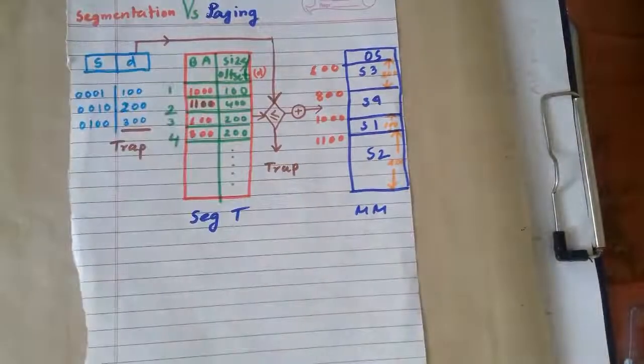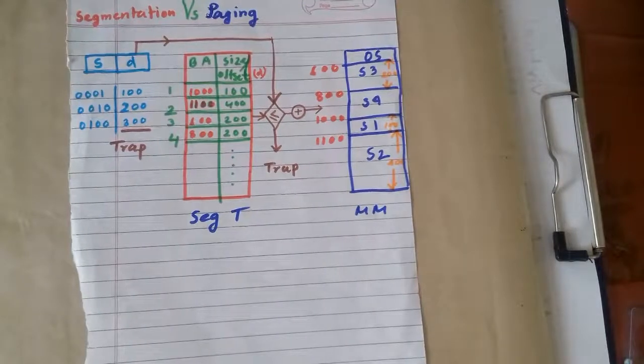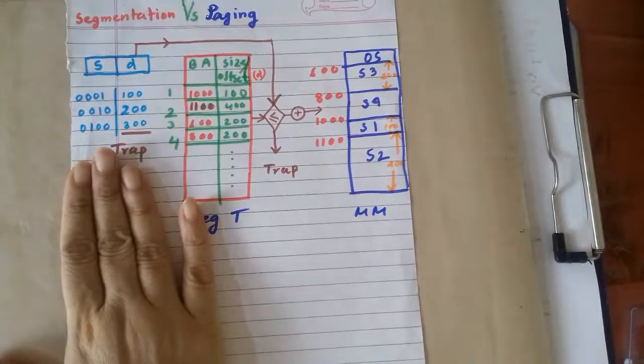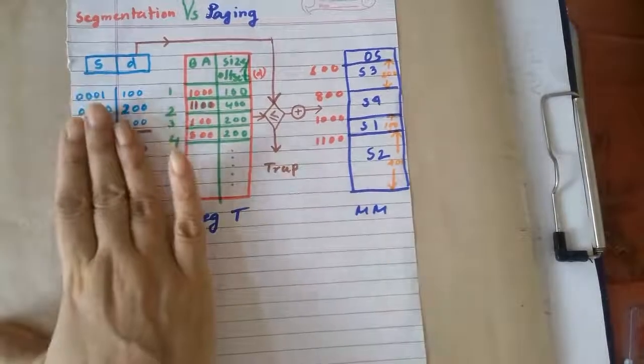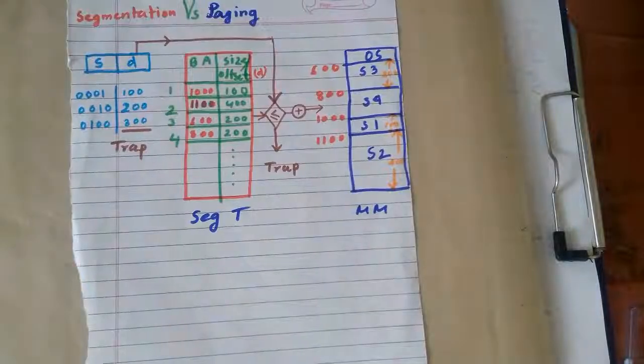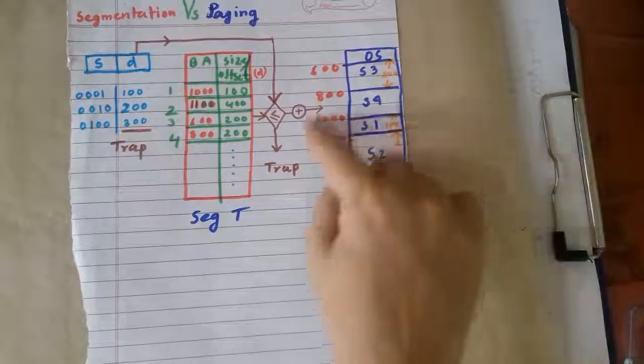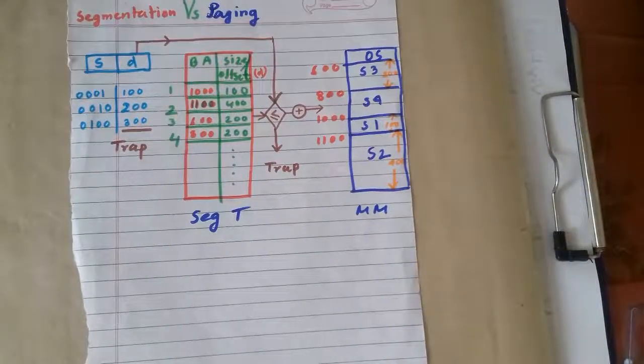In segmentation, the internal fragmentation possibility is there, not that it is not there, but still it is a logical division of memory. So in that case, segmentation is somewhat better than paging, because paging is kind of blindly dividing, and in segmentation we are not doing that. Logically we are dividing, and we are not dividing the memory beforehand either. Okay.